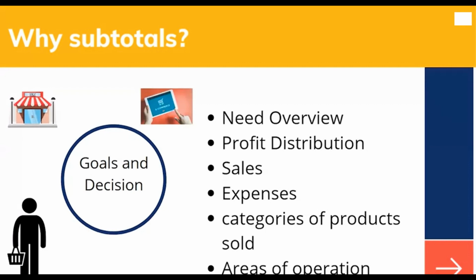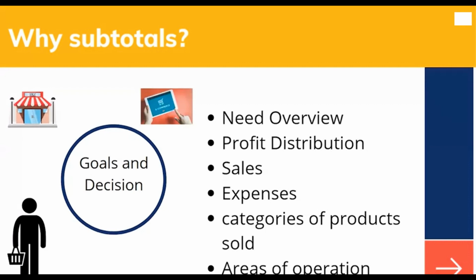Especially in these types of industries, totals and subtotals play a significant role. Why? Suppose the company or the retailer wants to understand which categories of products are being sold. For example, Big Bazaar was under a lot of trouble and was nearing a shutdown.